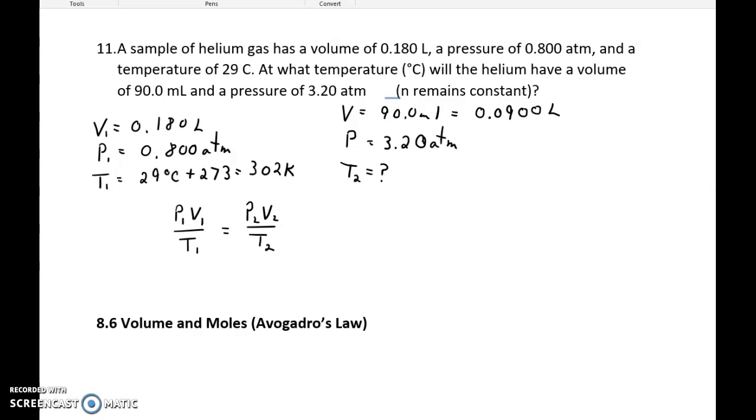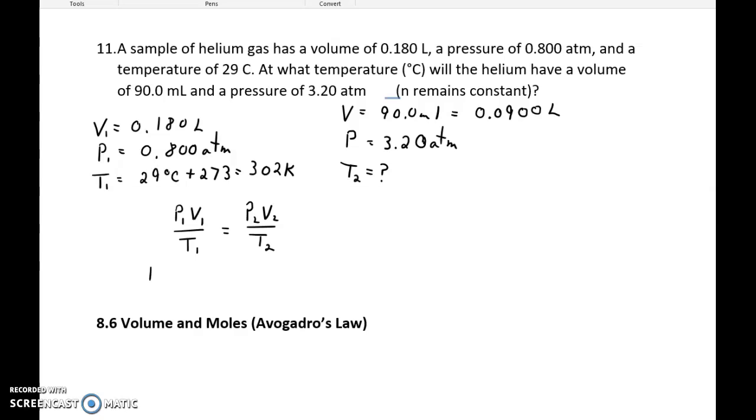This is what I don't have. I've got all these other variables. That's the only one that I don't have, and it's on the bottom. So I'm going to begin my process by cross-multiplying. That'll put the T2 over here and the T1 over here.